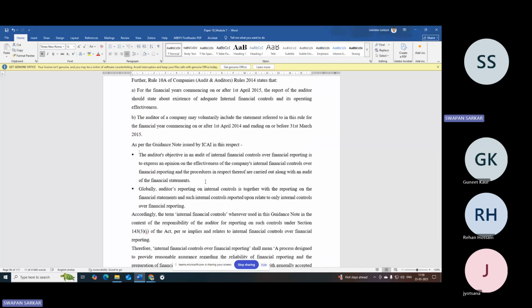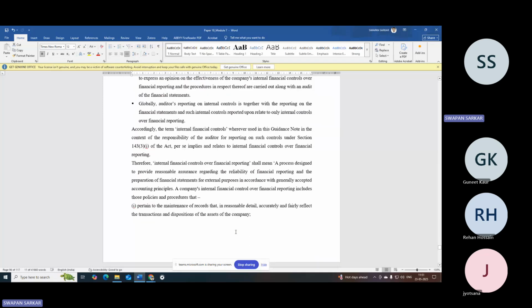Globally, auditors' reporting on internal control is together with the reporting on the financial statements, and such internal controls reported upon relate only to internal controls over financial reporting. Accordingly, the term internal financial controls, wherever used in the guidance note in the context of responsibility of the auditor for reporting on such controls under 143(3)(i) of the Act, per se implies and relates to the internal financial control over financial reporting.